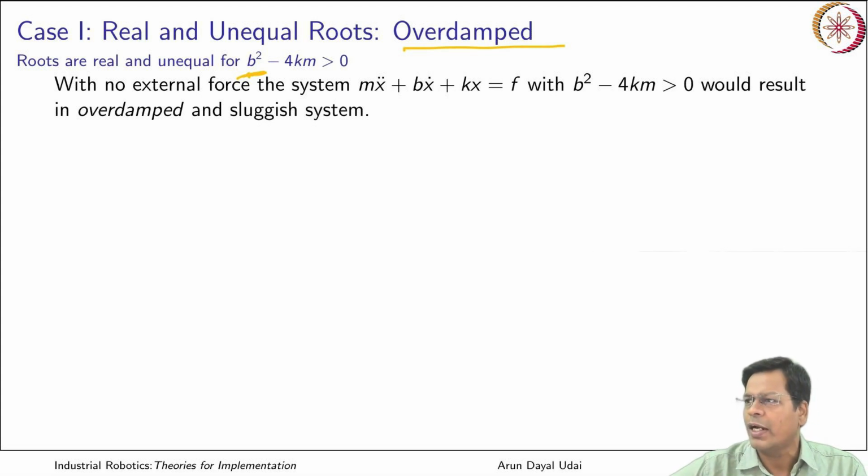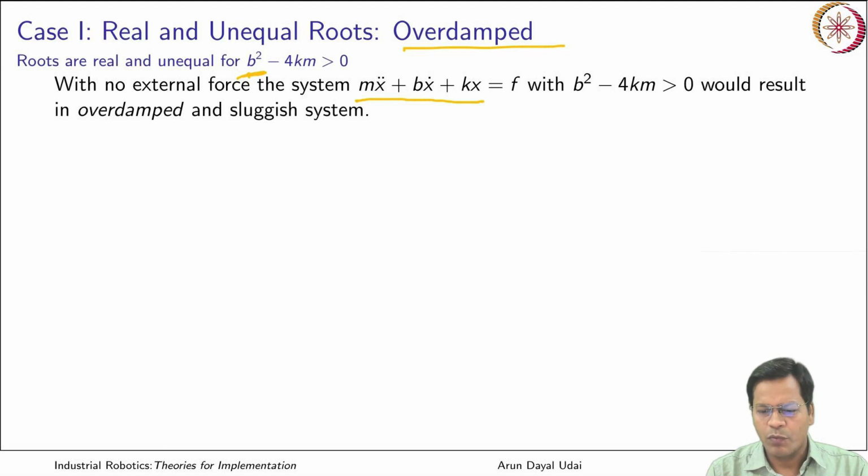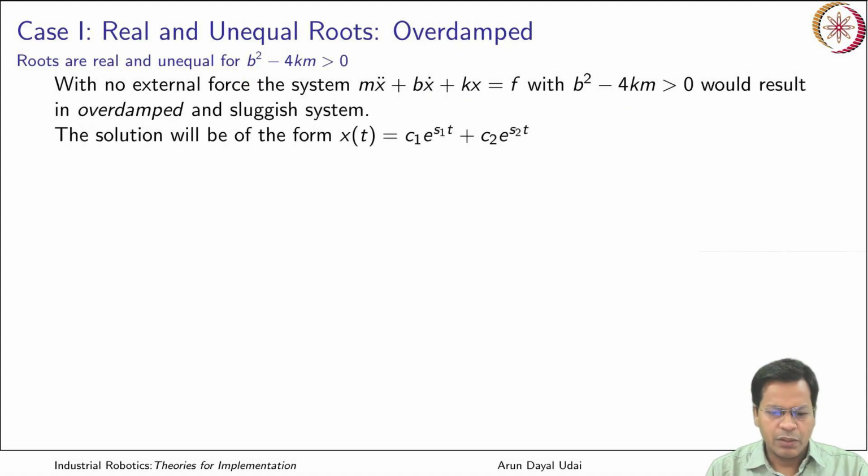In that case we have no external force, so F becomes equal to 0, and this is the time domain solution of your system. With b square minus 4mk greater than 0, that results in an overdamped system and it behaves in a sluggish way.